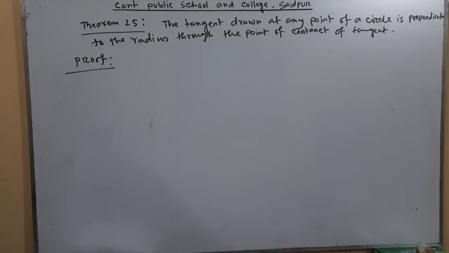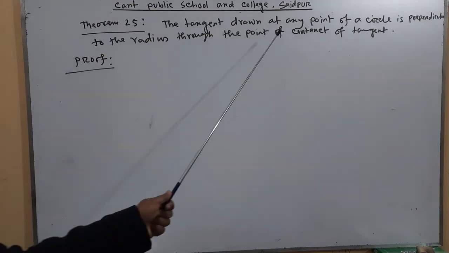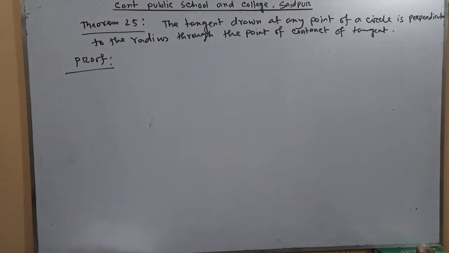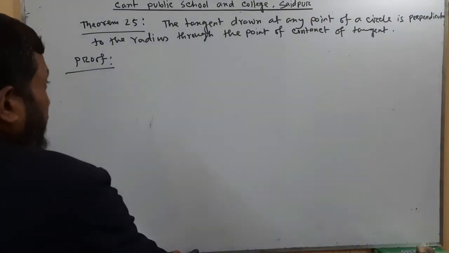Again I am reading: the tangent drawn at any point of a circle is perpendicular to the radius through the point of contact of the tangent.